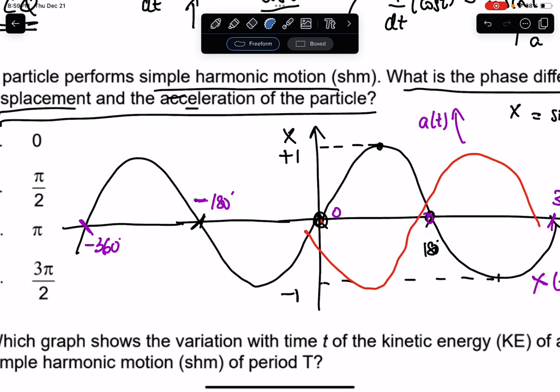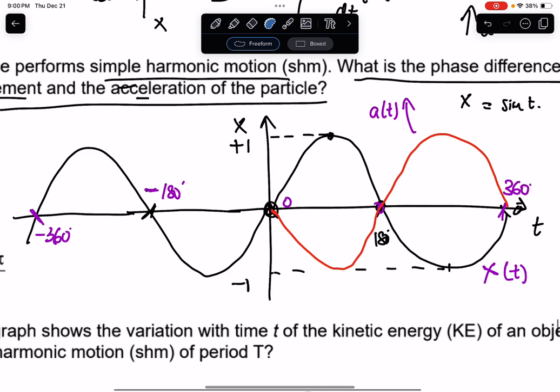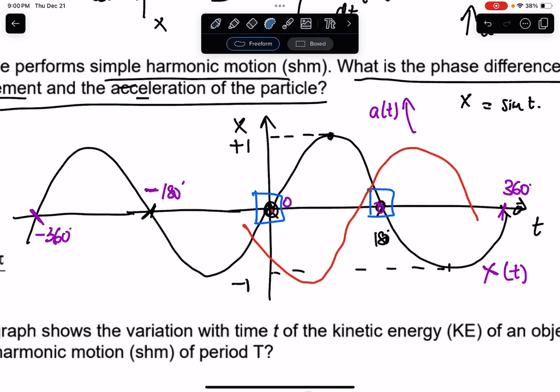Now if I take this acceleration function and move it to the left by 180 degrees, just watch these two points. In this case, as you can see, this blue point, I'm moving it to the left by 180 degrees.